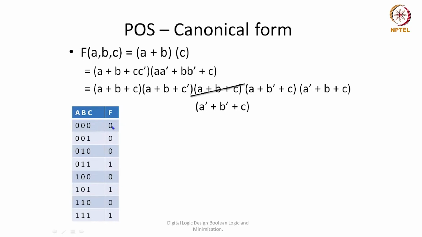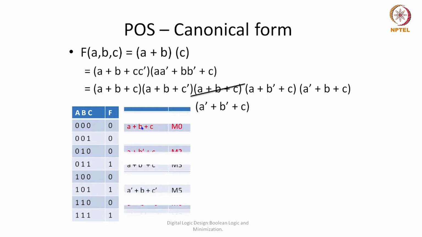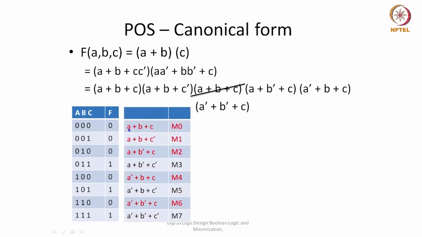So for example, if I have a plus b plus c, I will write it like this. Corresponding to this row, if we have this particular sum term, a plus b plus c, what is the result of that? That means that only in this particular row it would be 0, in the rest of the rows it would be 1.